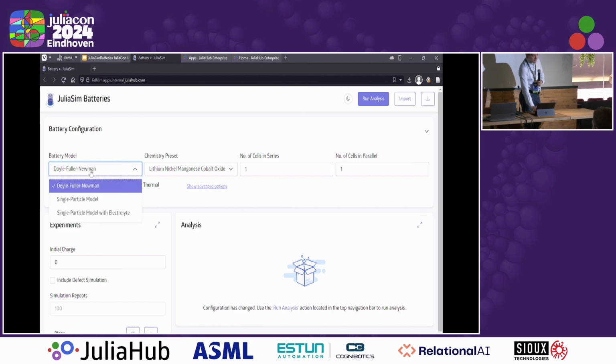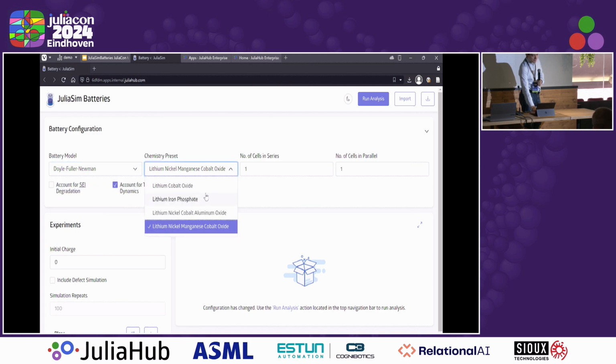You can choose the battery model, you can choose the chemistry preset, which are the chemistries that I was saying that we support. We can add number of cells in series, in parallel, and we also have sub-modules for things like thermal dynamics.